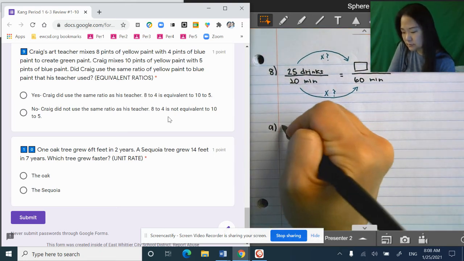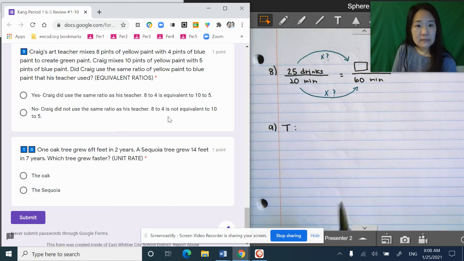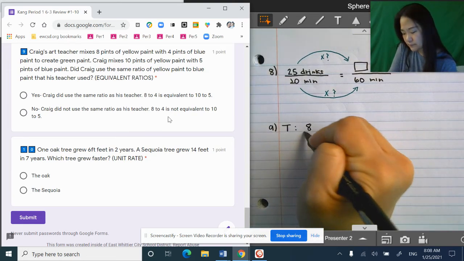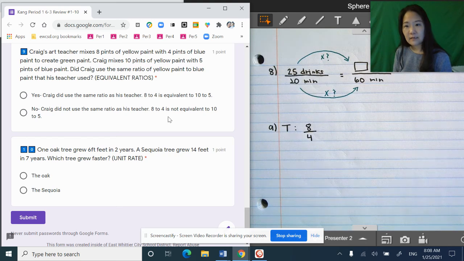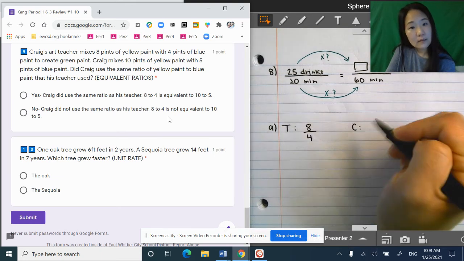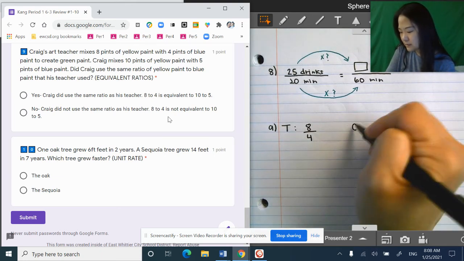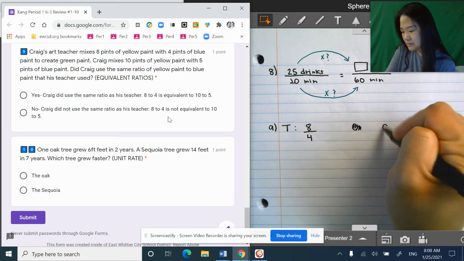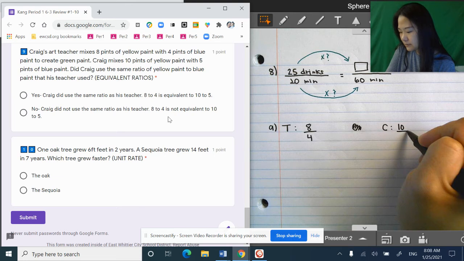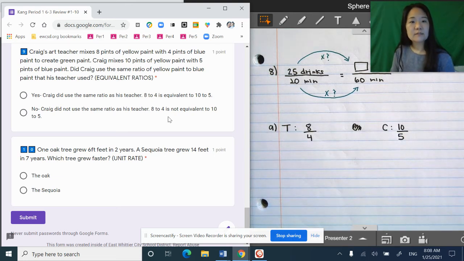First, I'm going to do the teacher. So for T, the ratio of yellow paint to blue paint is 8:4. Then I'm going to write the ratio that Craig used, which is 10 pints of yellow paint with 5 pints of blue paint.